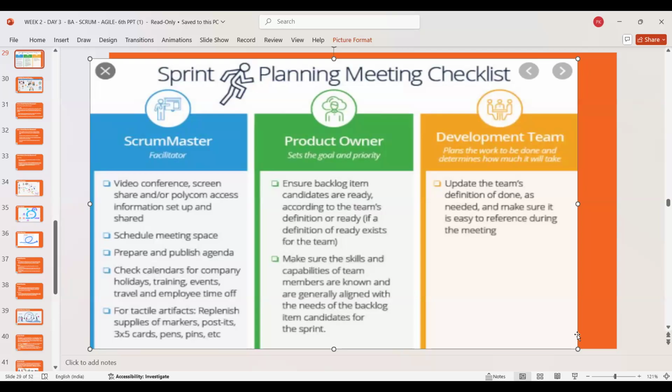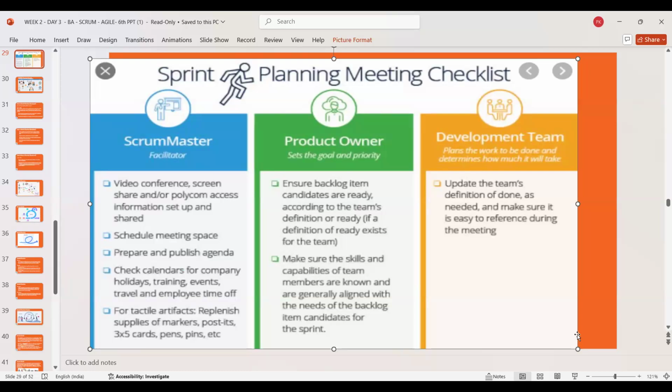Now, definition of done is in itself an important topic, where we understand when we say that something is done, completed or not. Team's definition of done means when the team would say that any work they are doing is complete, right?